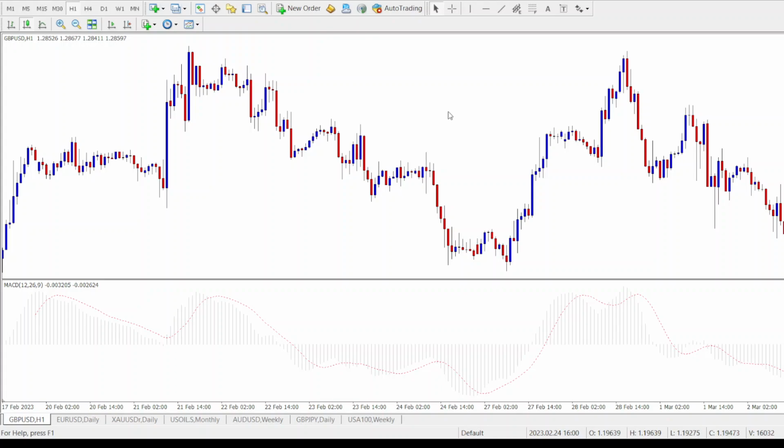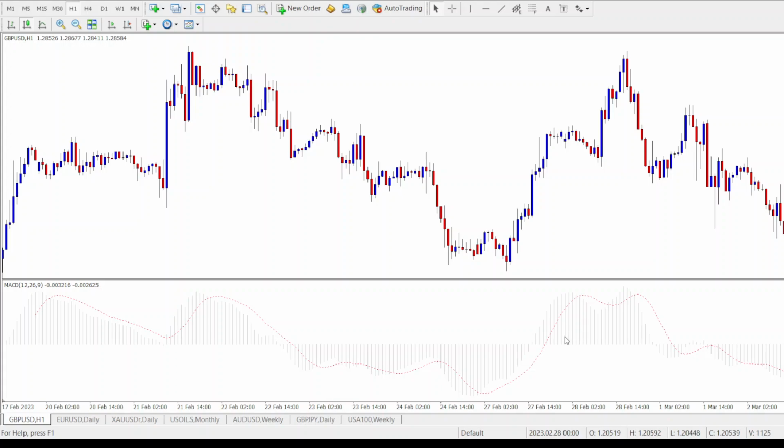All right, now first things first, let's briefly go over what the MACD is and why it's an effective indicator for trading. MACD stands for moving average convergence divergence. It's a momentum indicator that shows the relationship between two moving averages of an asset's price.